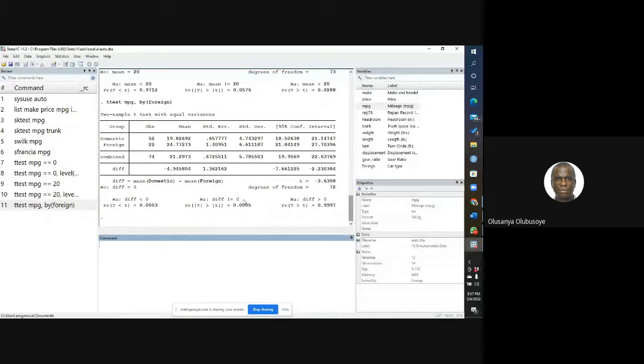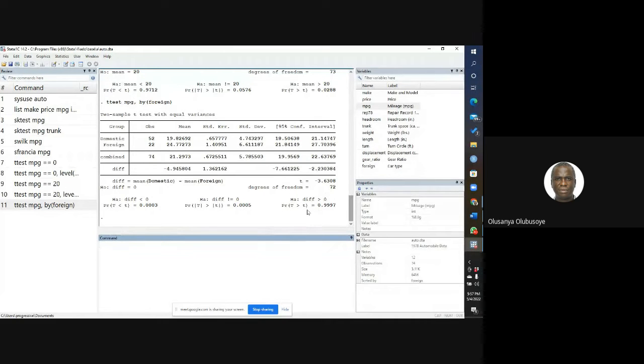This one is saying they are not the same, but it doesn't say the direction. This one is saying they are not the same, but that of the domestic is smaller compared to that of the foreign. This one is saying they are not the same, but the direction is that that of the domestic is greater than that of the foreign.